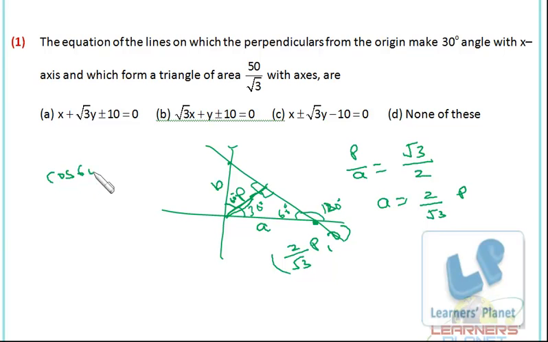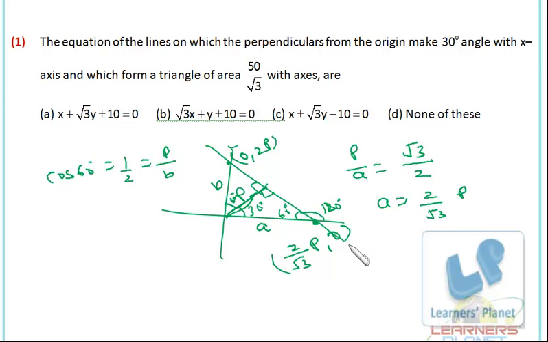So cos 60 degrees, that is half, is equal to p by b, right? So b is what? 2p. So the coordinates of this point will be 0 and 2p. The x coordinate will be 0 and the y coordinate is 2p. Now we got to know the 2 points through which this line is passing. They are (0, 2p) and (2 by root 3 p, 0), right?